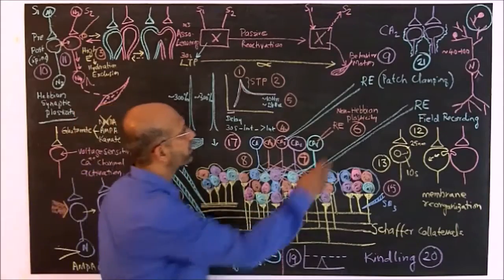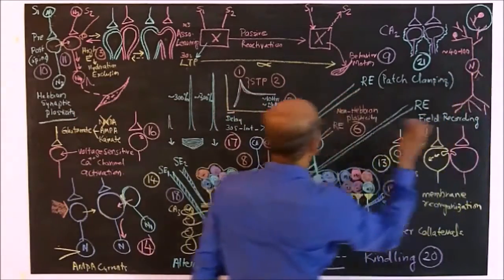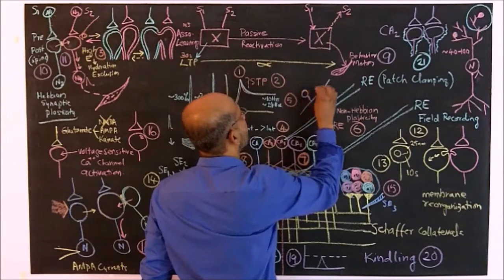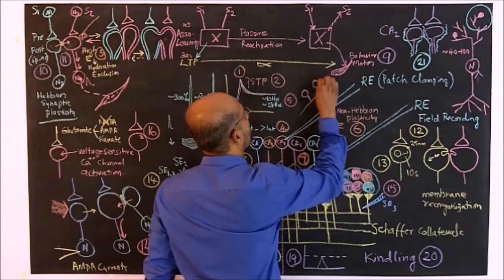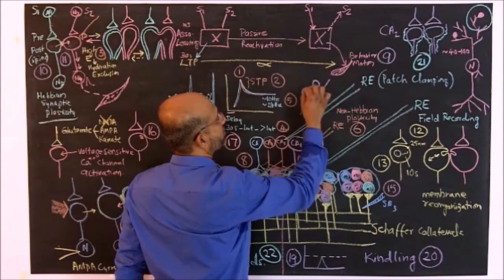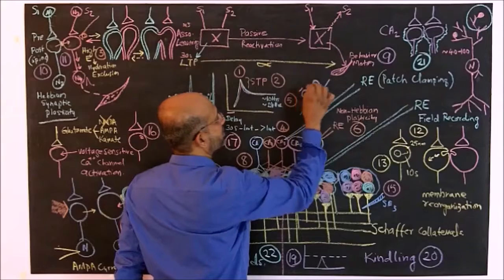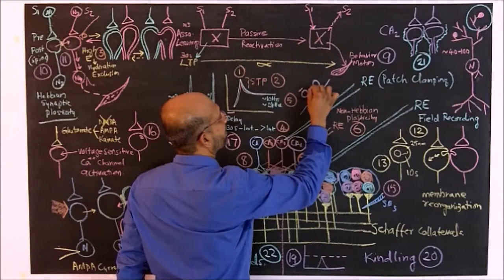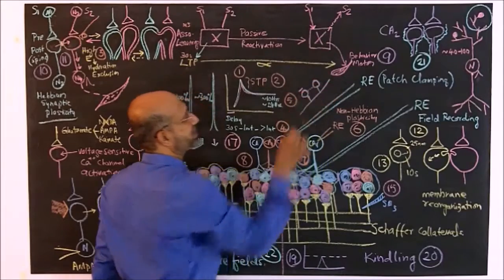And it is known that at this dendritic tree, the dendritic spines are located at certain distances.